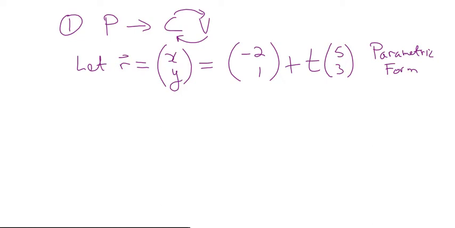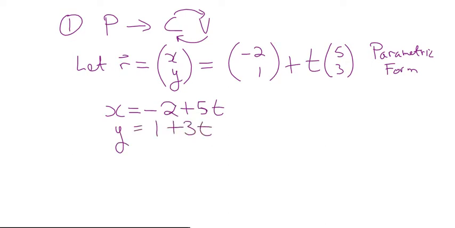So what's x equal to? -2 plus 5t. And what's y equal to? 1 plus 3t.